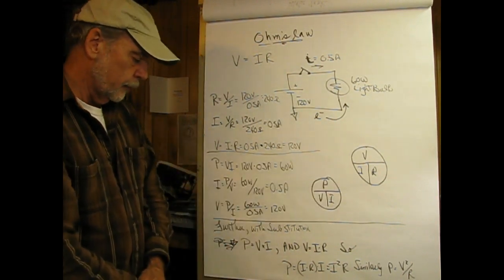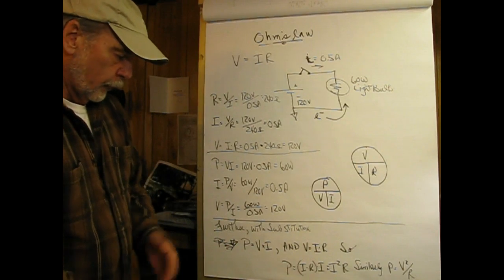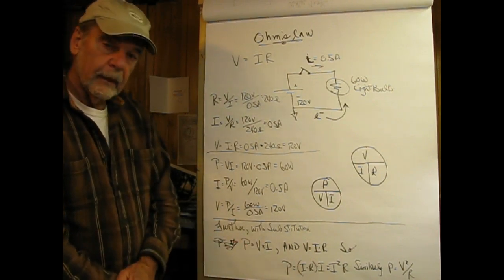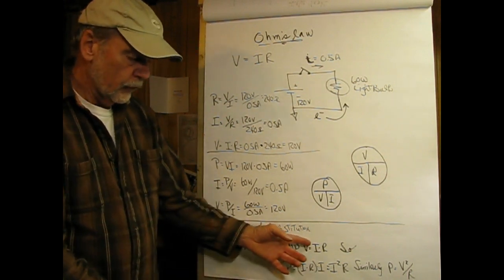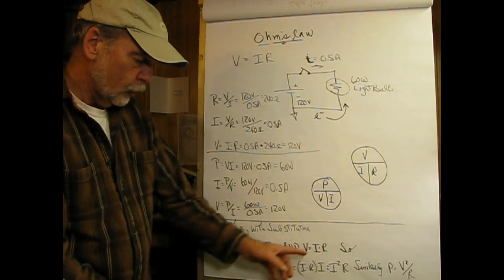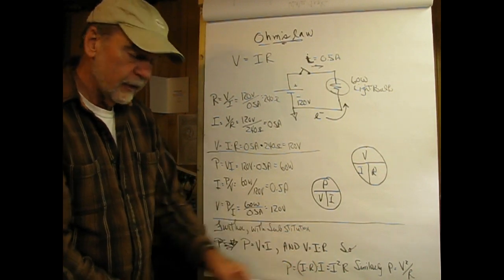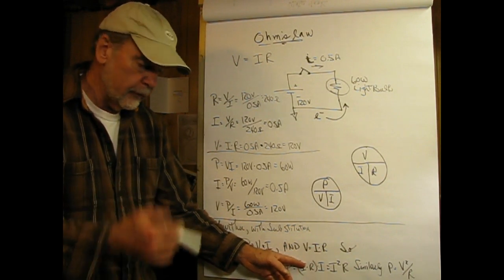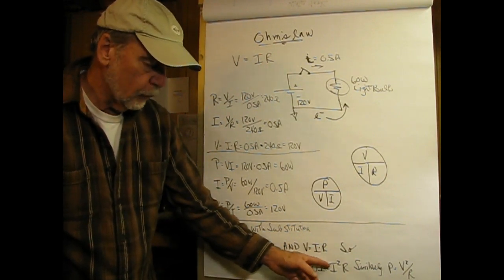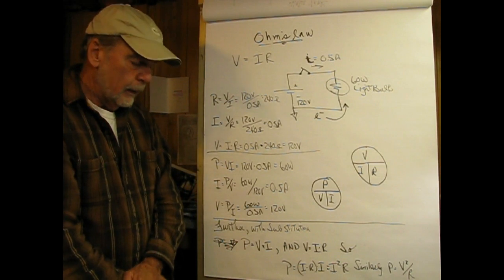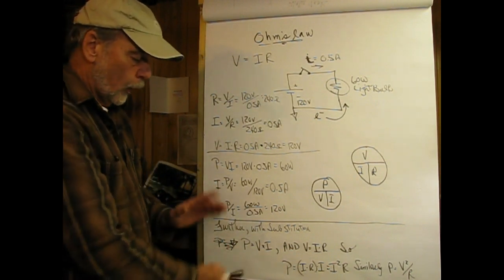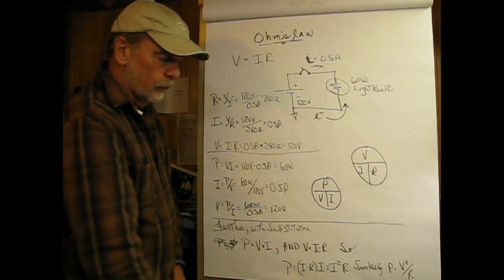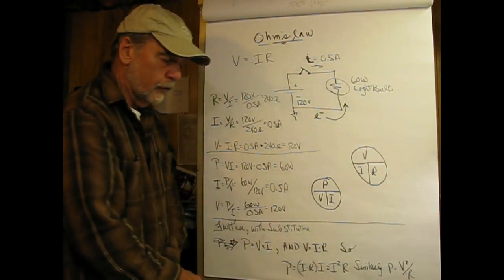Now, going a little bit further with this, and we do some substitutions, what we know is P equals V times I, and we also know that V equals I times R. So if we substitute I times R for V, we have P equals I times R, which was our V, times I, which equals I squared R. And if we were to wiggle this around a little bit differently, we would also find that the power is equal to the voltage squared divided by the resistance.